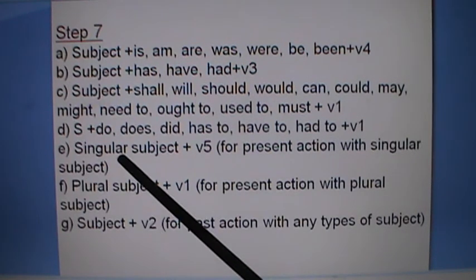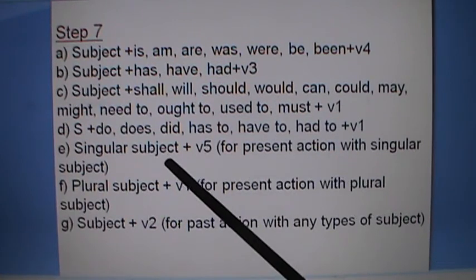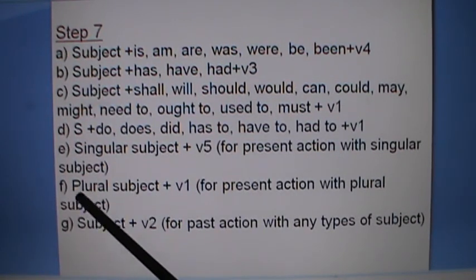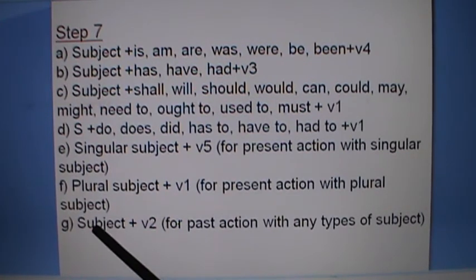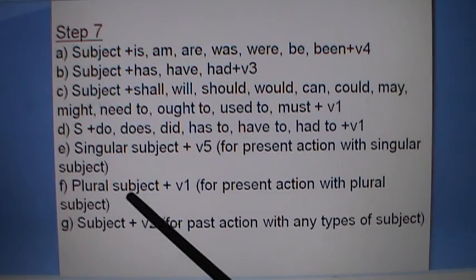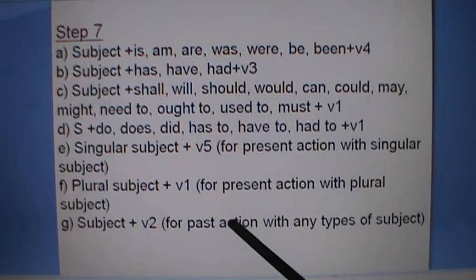Number E, singular subject plus verb 5, for present action with a singular subject; we have learned this. Number F, plural subject takes verb 1; we have learned this. And subject plus verb 2: for any subject, whether singular or plural, if there is no auxiliary verb, then we can use verb 2, but the sentence should be in past action, past tense.